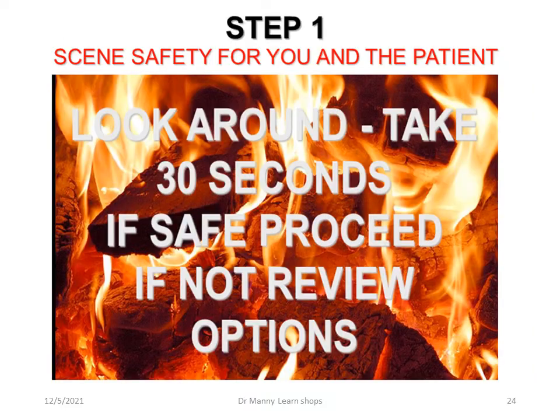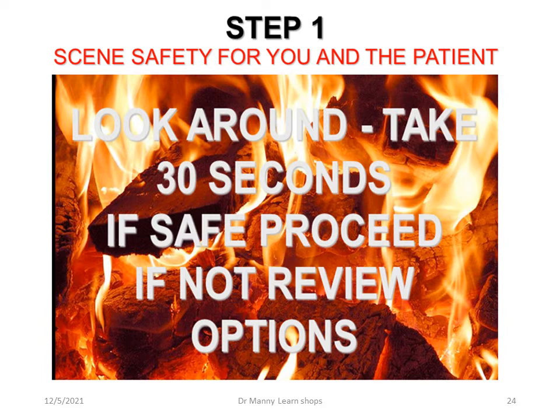Let's go through all the steps for scene safety for you as the rescuer and the patient as the victim. Look around. Take 30 seconds. Is it safe? Is it unsafe to proceed? If not, review your options.